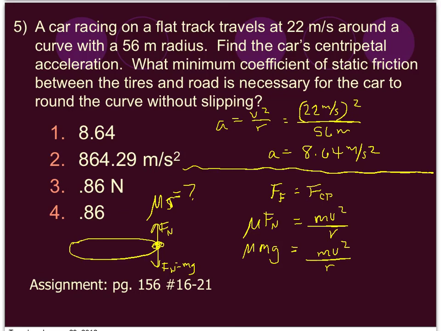Now I have mass on each side, so I can cancel that out. And I need to solve for mu, so I'm just going to divide each side by g.